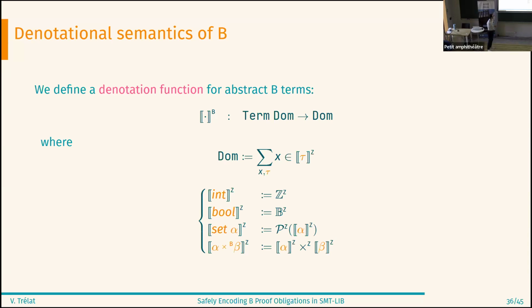For example, if tau is int, the transformation is Z, but Z in ZFC, not in B. So DOM is the type for triples that respect this predicate, so it's almost returning ZF sets.